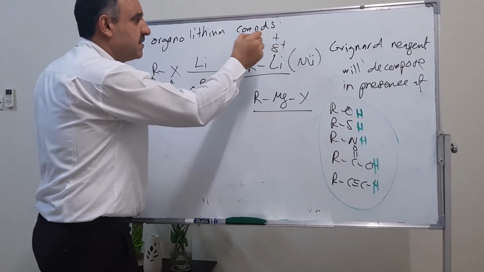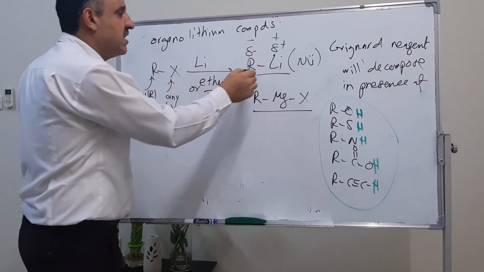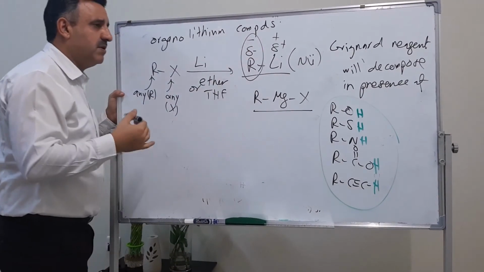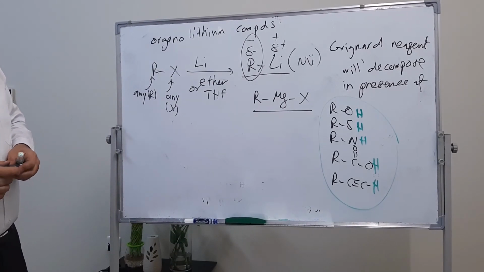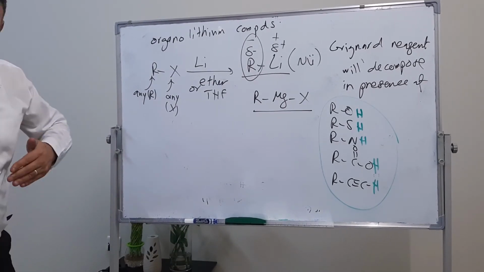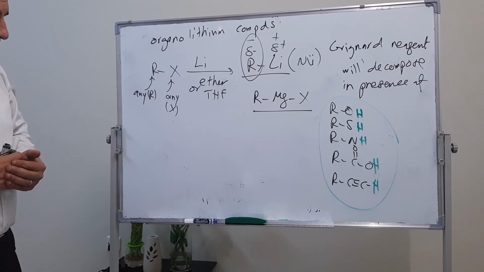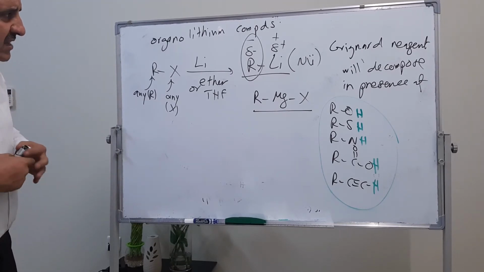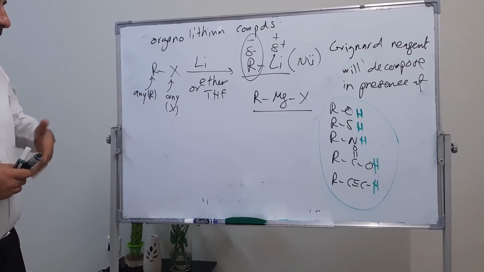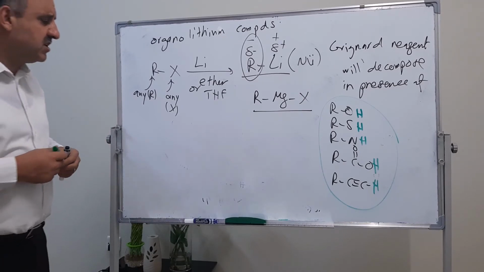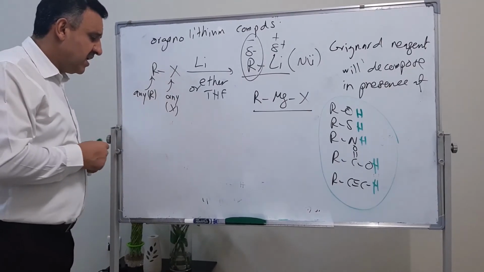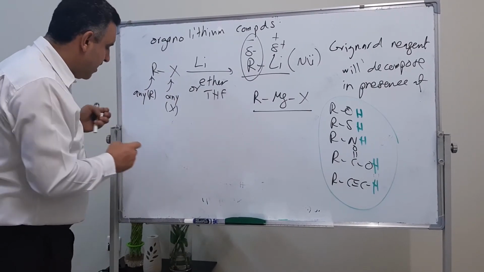In this case, whatever the R is, when it is connected to the lithium, it will behave as a nucleophile. Do you follow me? Now, we have the R lithium here, and we can use it for the preparation of a new reagent, which we call the Gilman reagent.